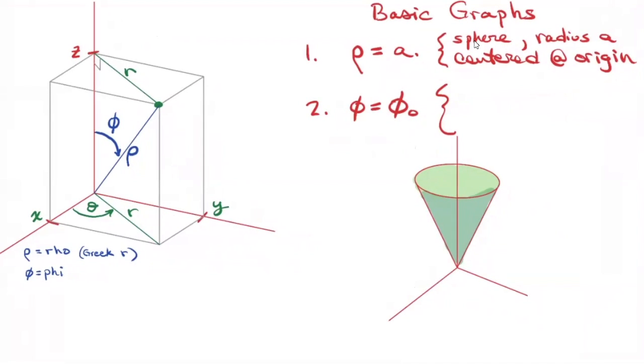Okay, so I don't know what the radius is, but if you were to measure an angle, let me do it this way. Remember that phi is measured down from the z-axis, which I always refer to as the North Pole. So that angle right there that I marked off is phi naught.